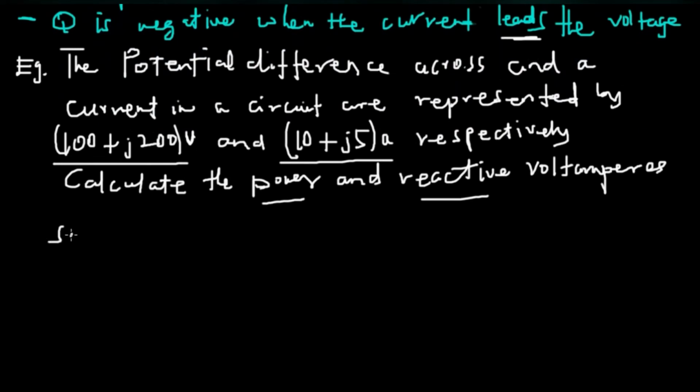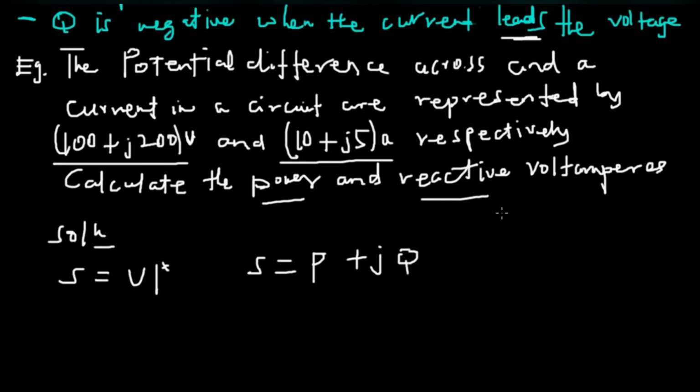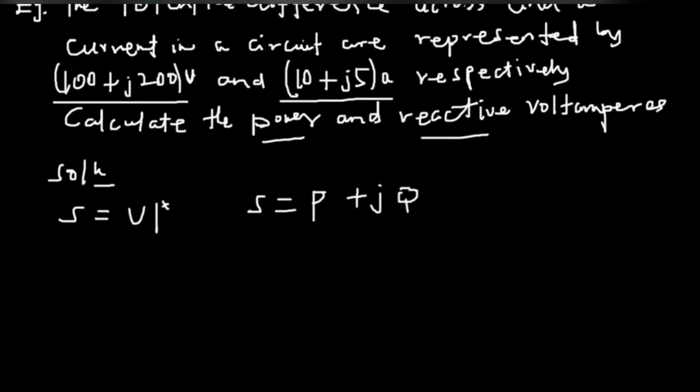So we have S equals VI asterisk, and we know that S is the same as P plus jQ. Now let's proceed to solving that. From here we have 100 plus j200.